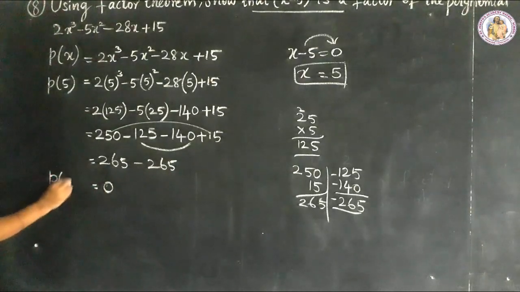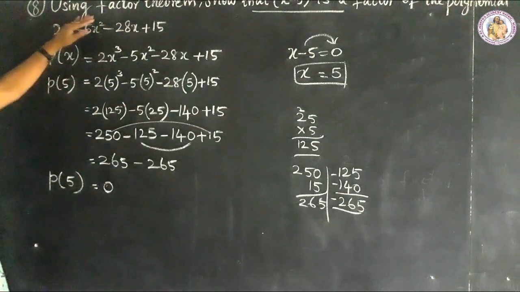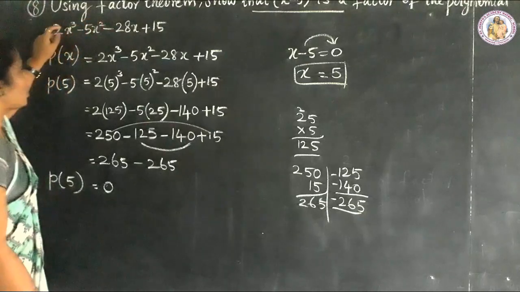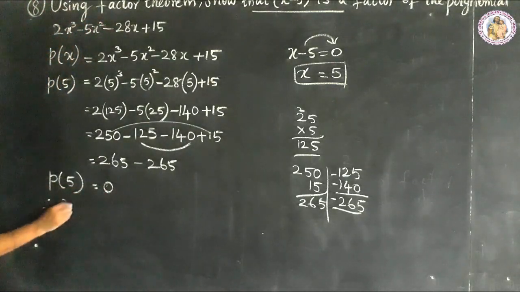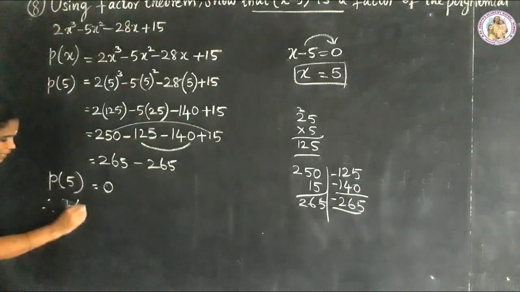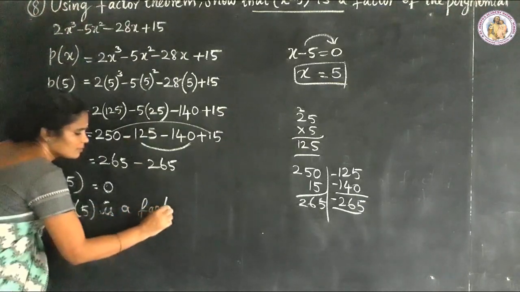So P of 5 is equal to 0, and we are asked to show, using factor theorem, whether x minus 5 is a factor of the polynomial. If it is equal to 0, that is P of 5 is 0, then it is a factor of the polynomial.